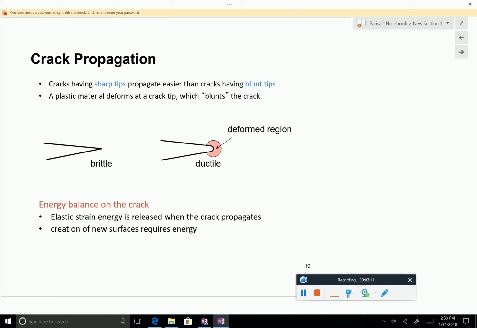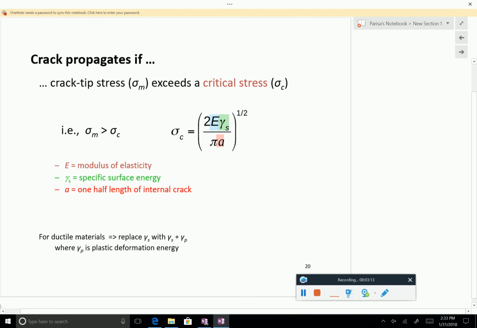So it shouldn't be any surprise to you that the critical stress, which if it is exceeded, you are going to have propagation, has, for example, a term proportional to a specific surface energy. Does anyone remember the definition from thermodynamics? Specific surface energy? That's the energy which is necessary to create a unit surface area.